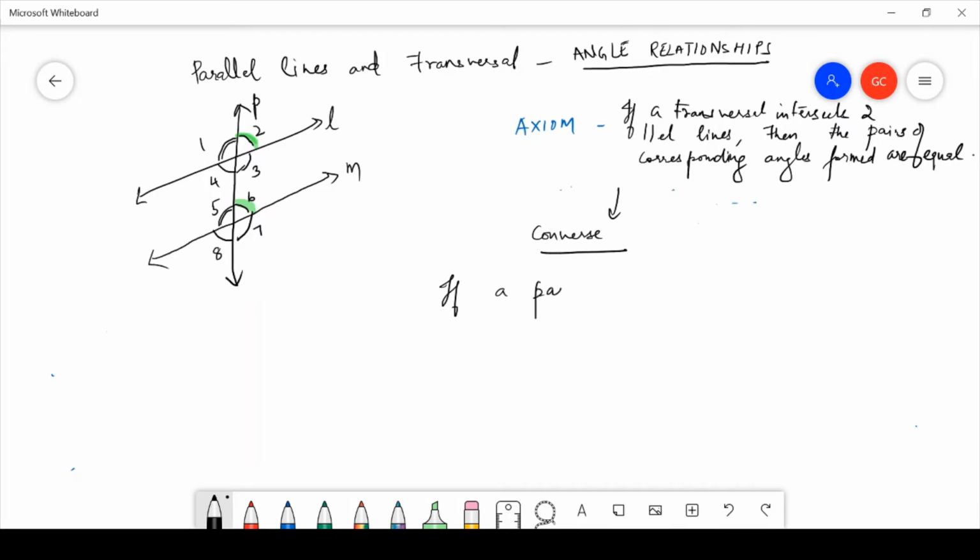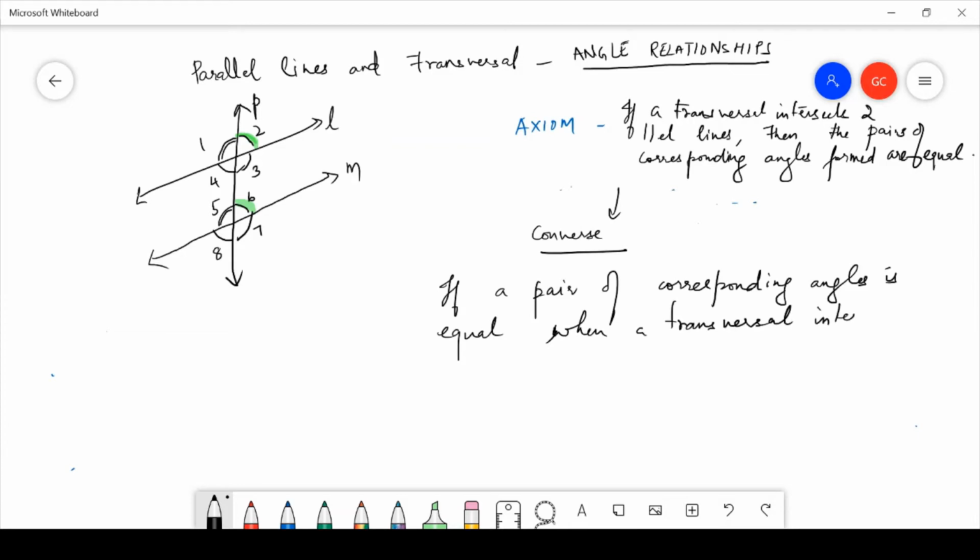If a pair of corresponding angles is equal, or you can say when a transversal intersects two lines, then those two lines are parallel. Then those two lines are parallel. Okay, there is no doubt about this.